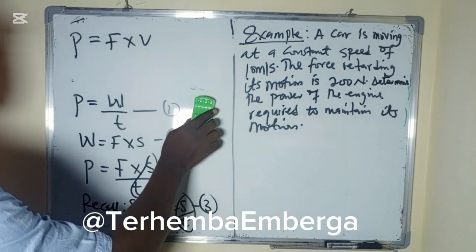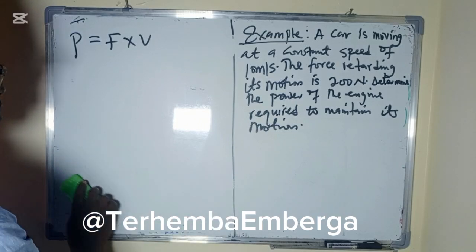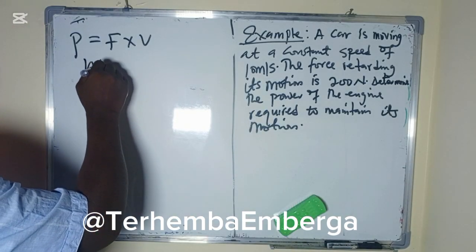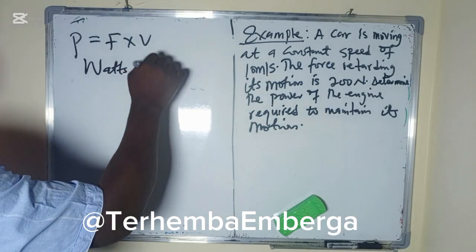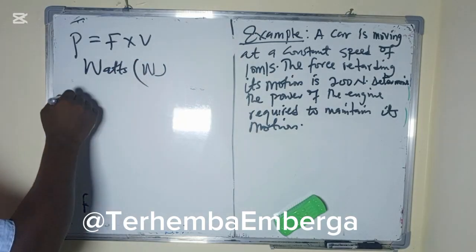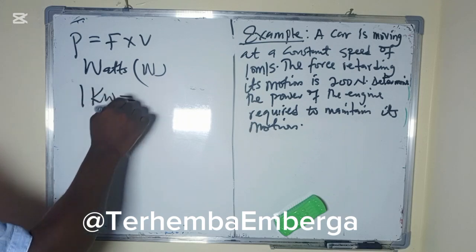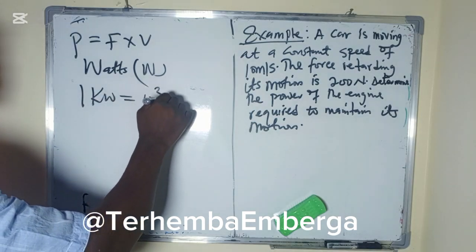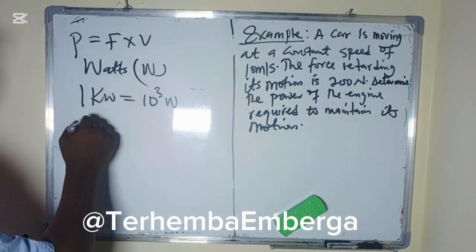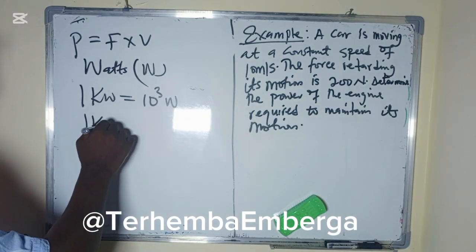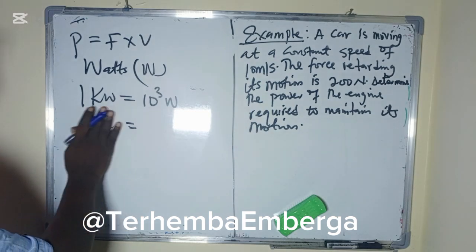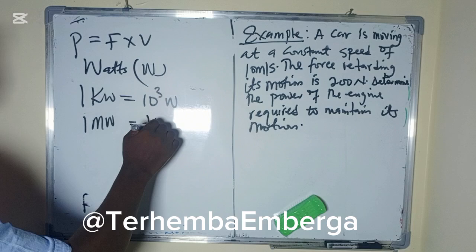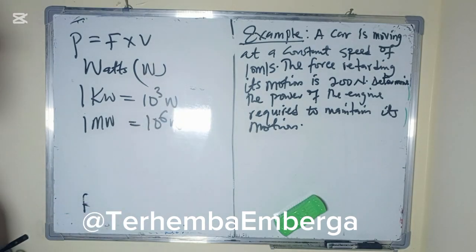Now, what is the unit of power? The unit of power is watts. So we know that 1 kilowatt is equivalent to 10 raised to the power 3 watts. 1 megawatt is equivalent to 10 raised to the power 6 watts.